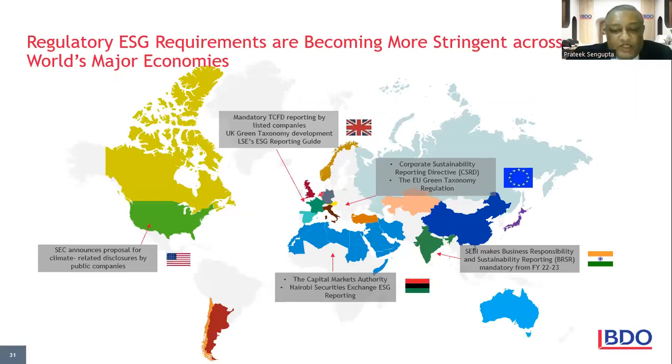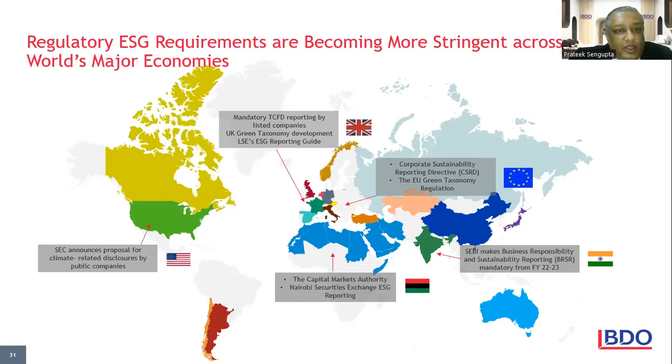Yes. So as I was mentioning earlier, and as Dipankar had mentioned also, we are seeing an increasing regulatory push towards getting companies, especially companies registered on stock exchanges, to disclose their ESG-related performance in a systematic and periodic manner. Starting from North America, the SEC announced a proposal for climate-related disclosures by public companies.